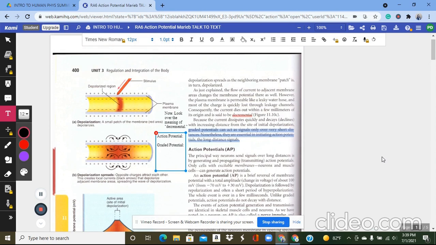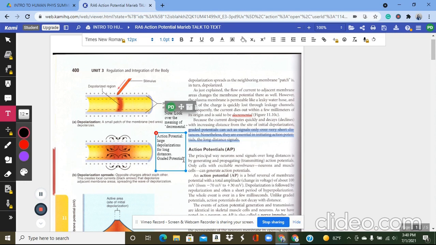So from what I remember, action potentials are large depolarizations that can be transmitted over long distances.